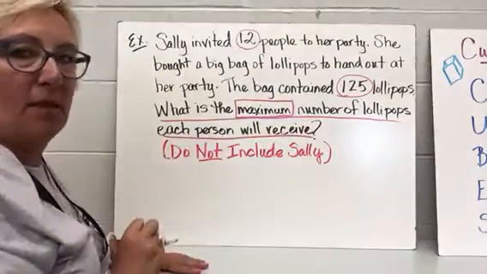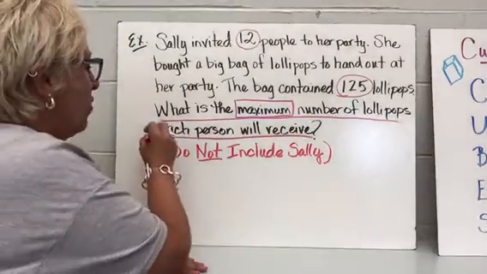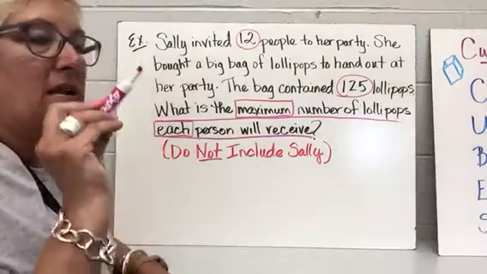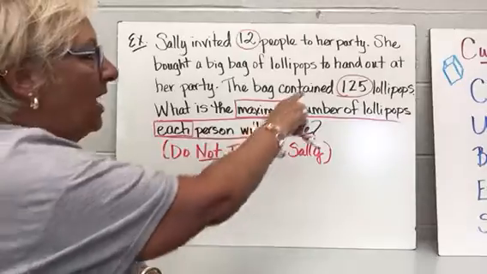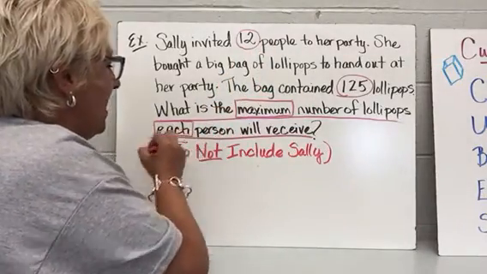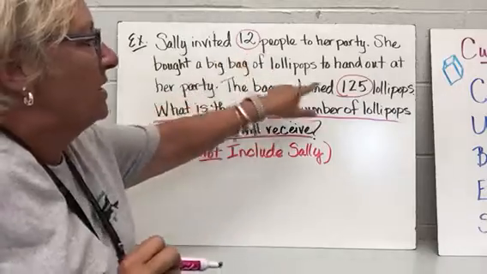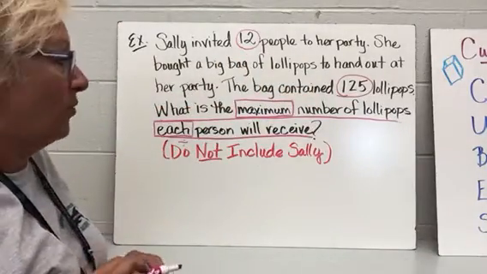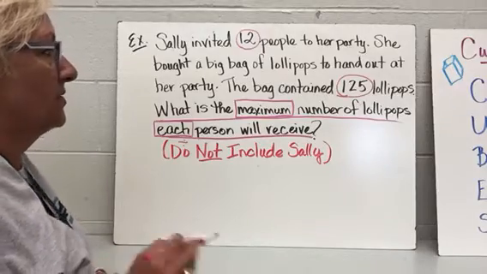What is the biggest number each person can have? And the word each also gives us a math action word because we know that we want to take the amount of lollipops and we want to divide. Each means to divide the number of people into the amount of lollipops so we can see what was the biggest number of lollipops each person got.